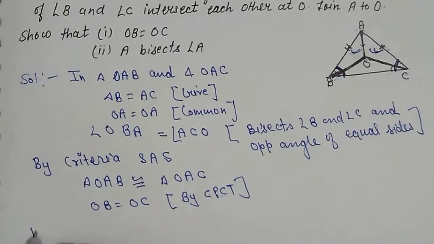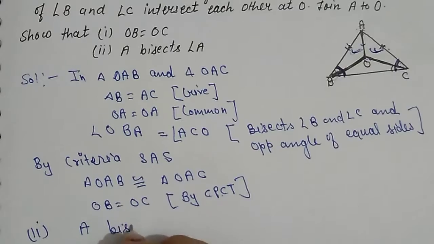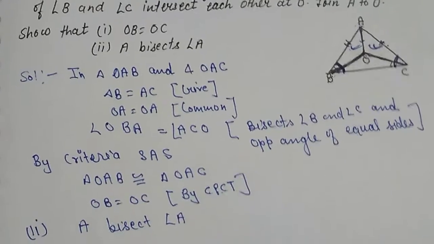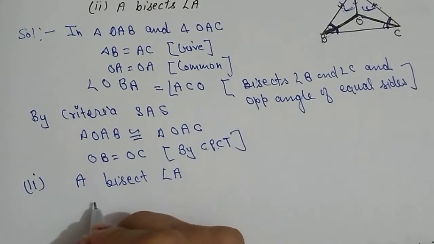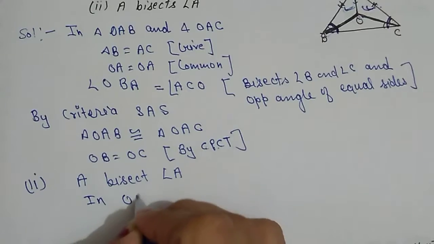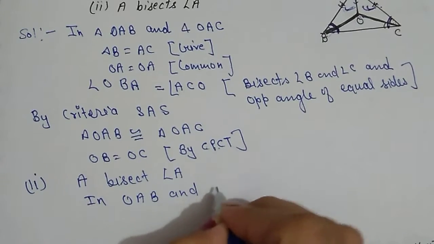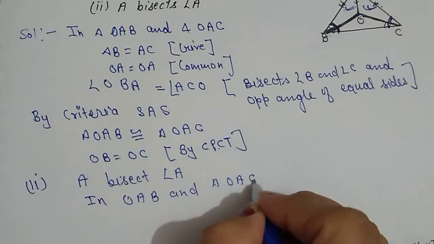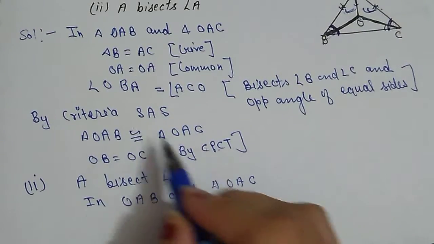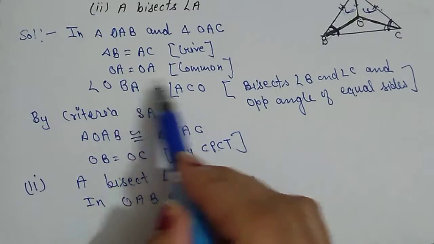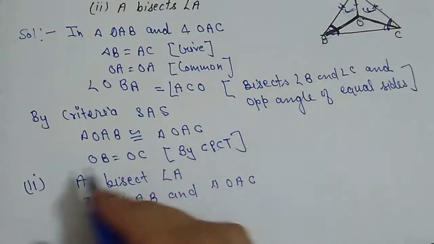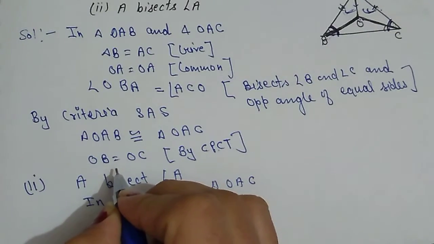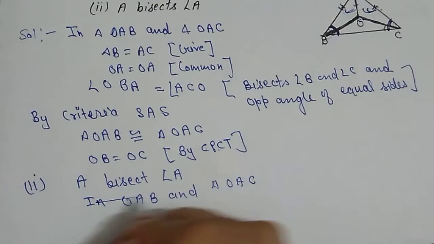Now come to the second part: you have to prove that AO bisects angle A. How to prove it? Again we start in triangle OAB and triangle OAC. We have already proved these two triangles congruent, so no need to prove it again.